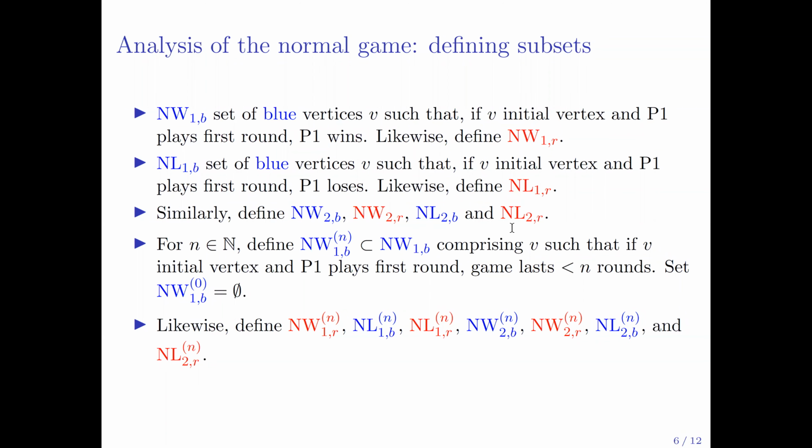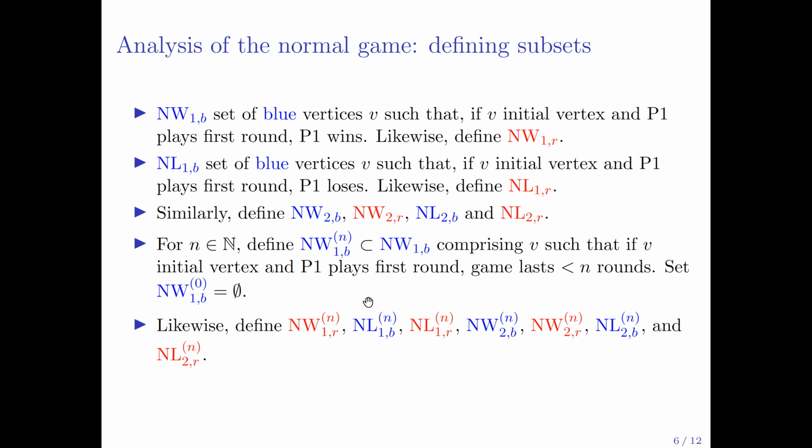Okay, so we also define some level n sets. For any positive integer n, I define NW1B superscript n to be the set of all vertices that are, first of all, in NW1B, meaning that if the game starts from such a vertex and P1 plays the first round, then P1 wins. But also this n indicates that the game will last for less than n rounds.